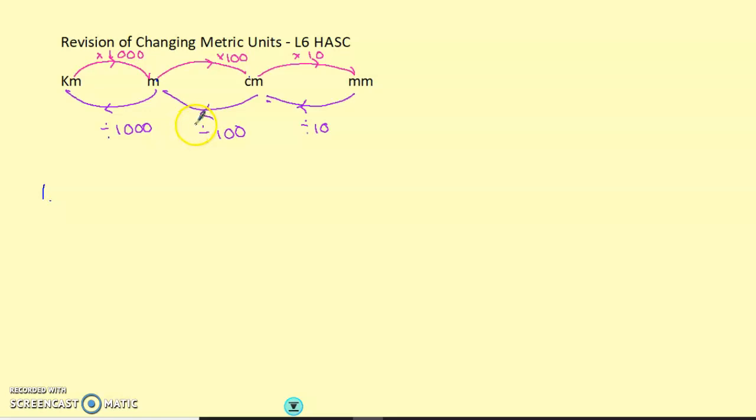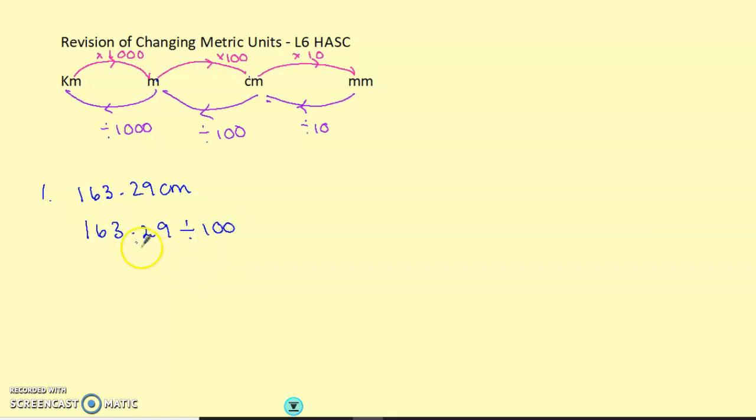Let's have a couple of examples then. First one, let's say we know somebody is 163.29 centimetres tall, and we want to know what the height is in metres, and we want an answer to 1 decimal place. Start by dividing by 100.